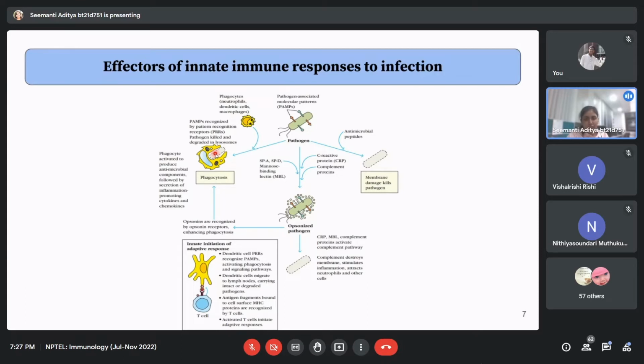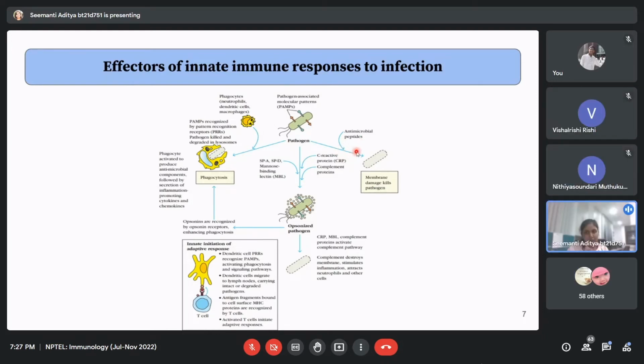Apart from that, pathogens can also be eradicated due to the synthesis of antimicrobial peptides. These antimicrobial peptides are synthesized due to phagocytosis or these innate immune responses, and this will result in the killing of the pathogen by damaging the membrane. There will be pores in the membrane, and finally the pathogen will be killed.